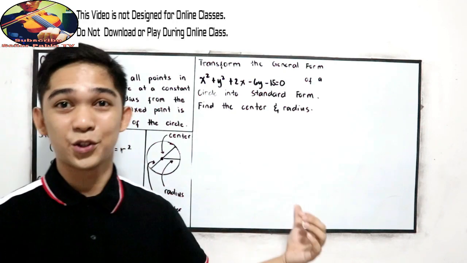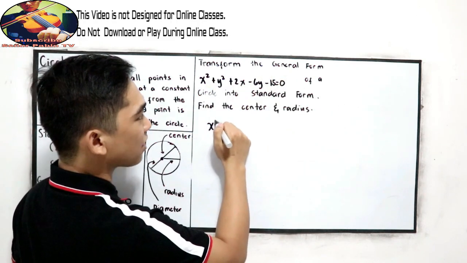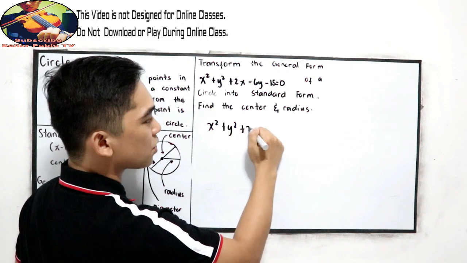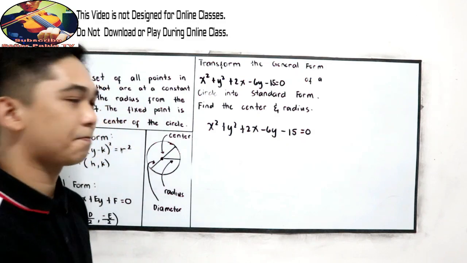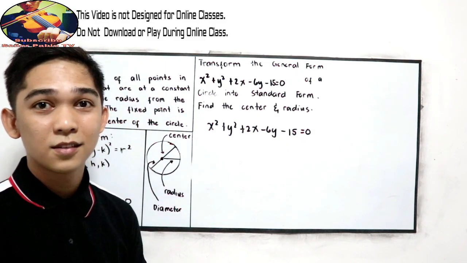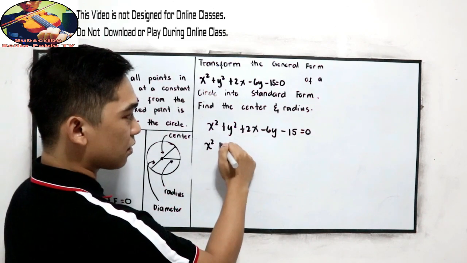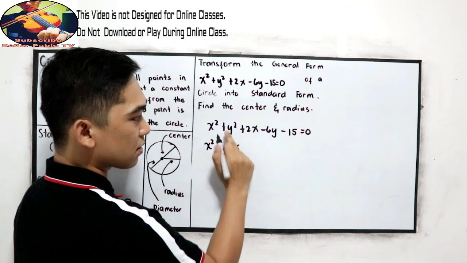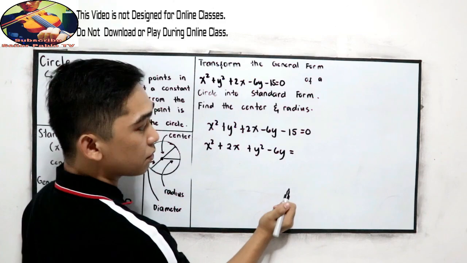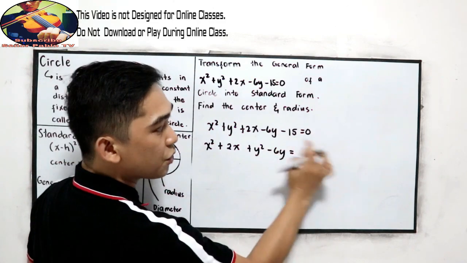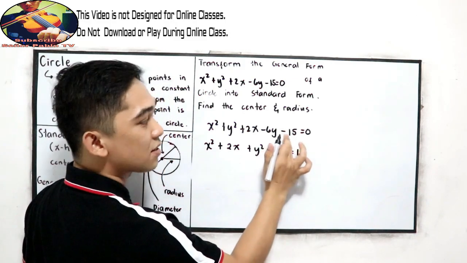Okay, here's the solution. Copy the given general form: x squared plus y squared plus 2x minus 6y minus 15 is equal to 0. Now, rearrange our given. So, x squared plus 2x plus y squared minus 6y is equal to... after rearranging, move the constant to the right side, or add positive 15 to cancel negative 15.